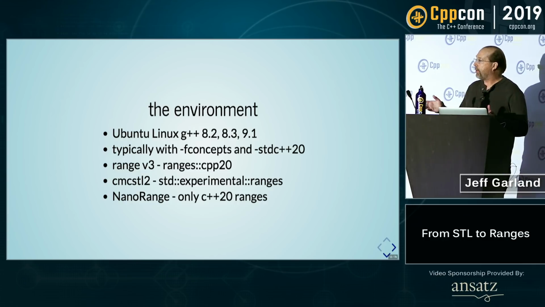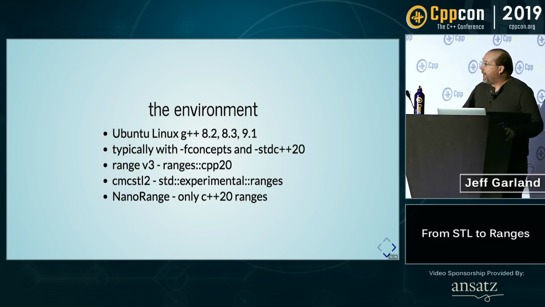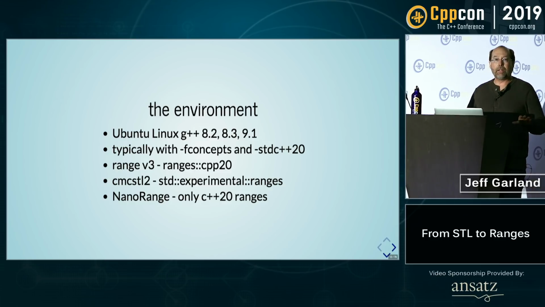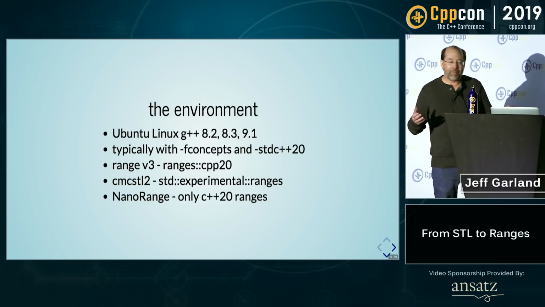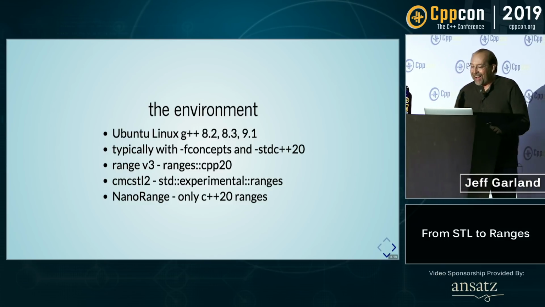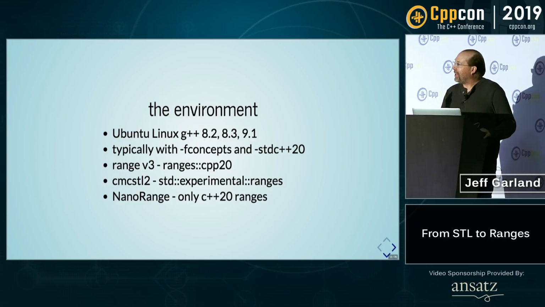And then there's NanoRange with Tristan Brindle, who's sitting in the front row here. And really that's independent from the specification development of ranges, which is very interesting. And quite frankly, was new. I learned about it at the conference this week, and it's really cool.